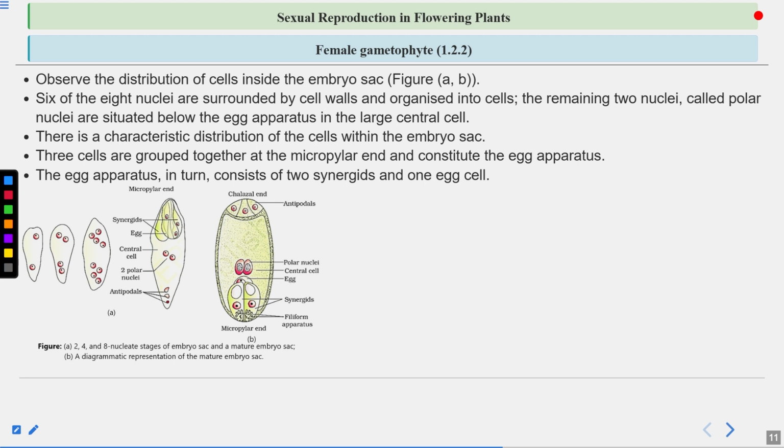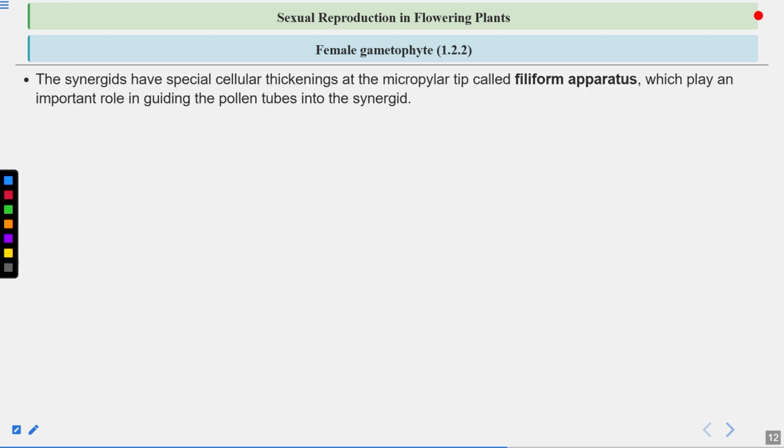Female gametophyte. The synergids have a special cellular thickening at the micropylar tip that is called the filiform apparatus. It is like a finger-like projection, which plays an important role in guiding the pollen tube into the synergid.